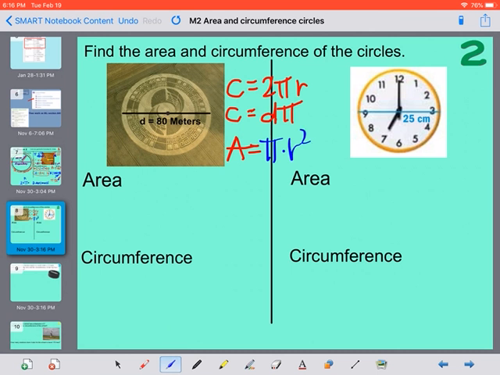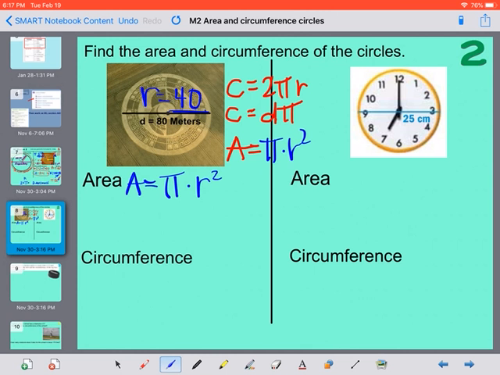All right, so for the area of this, we have pi times our radius squared. Now, we don't know what our radius is. We know the diameter is 80. We want to know what is the radius. The radius is half of the diameter, so 80 divided by 2 will give us 40. So I know my radius is 40.